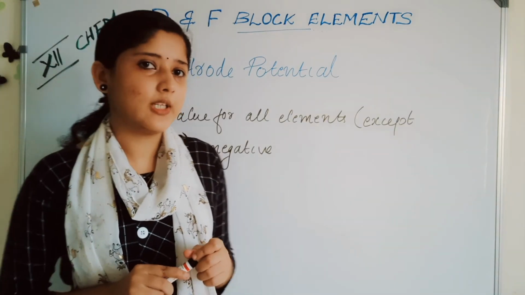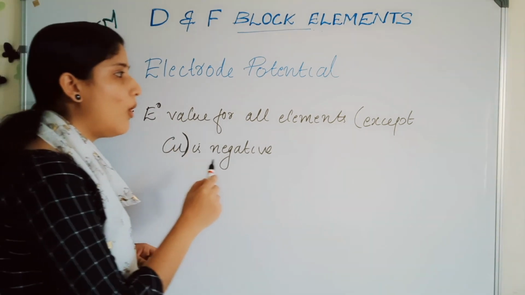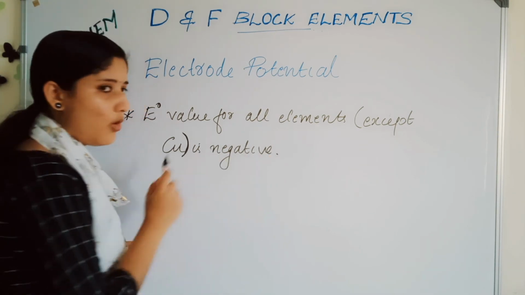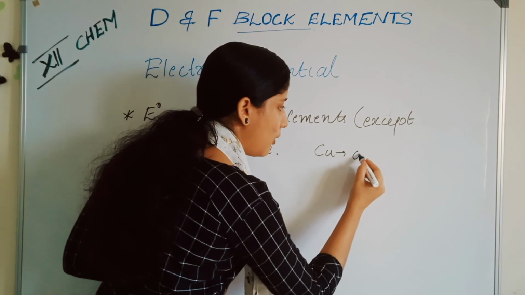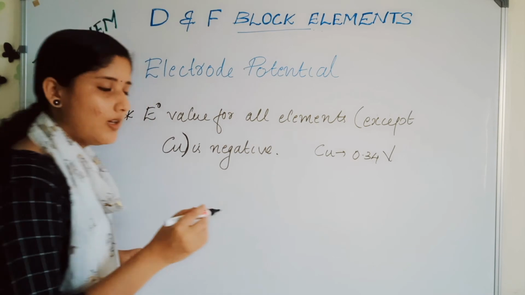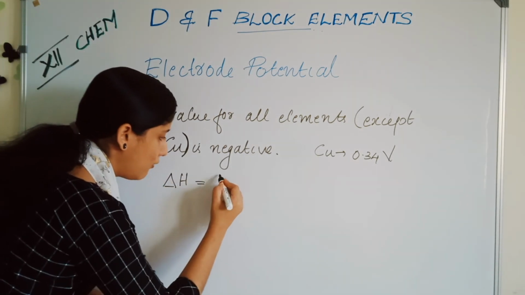Now let's look at the 3D series. In the 3D series, the E0 values for all the elements except copper is negative. For copper it is 0.34 volt. It is highly positive. Why? We studied that the total enthalpy change is the sum total of what?